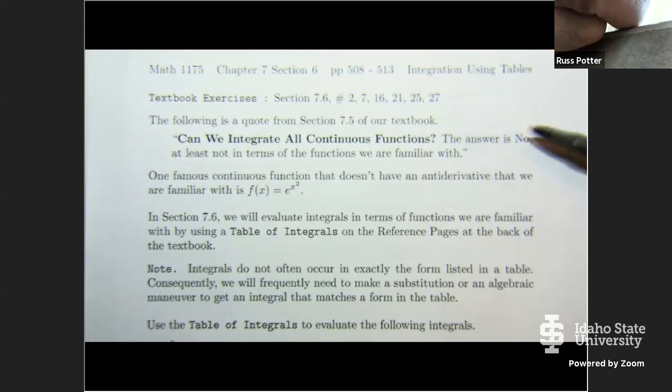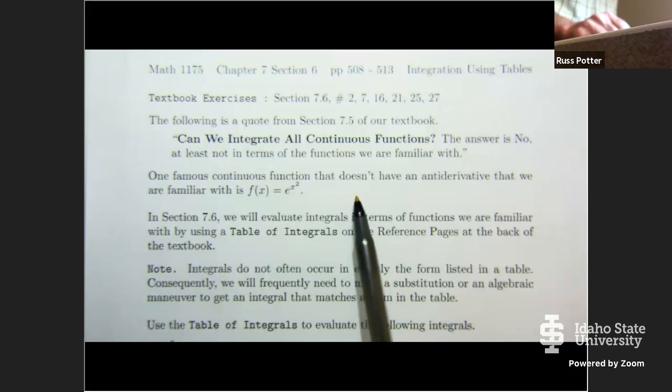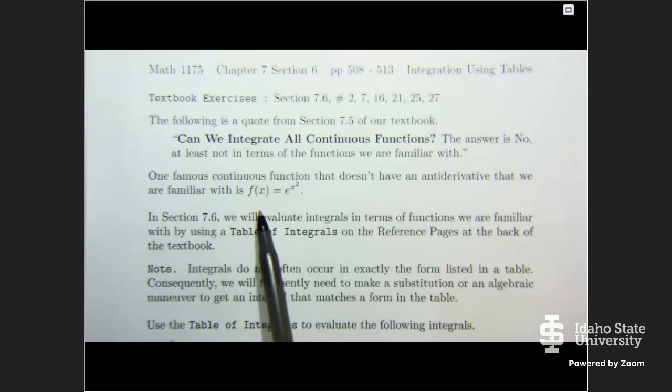But here's a quote from the textbook in section 7.5. Perhaps you read this. The question: can we integrate all continuous functions? The answer is no, at least not in terms of the functions we are familiar with. One famous continuous function that doesn't have an antiderivative that we are familiar with is f of x equals e to the x squared.